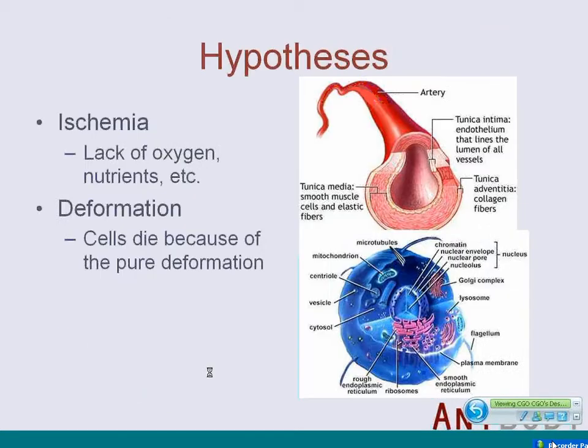First, I'd like to start with a few of the hypotheses of why these pressure ulcers develop under the buttock, for example, when you sit in a wheelchair or lie in a bed. Basically, there have been two hypotheses that have ruled the research area. The first of them is ischemia, which is basically that when you sit on your buttocks, the tissue is compressed, and that means that the arteries are also compressed, and then there's no blood flow through these arteries.